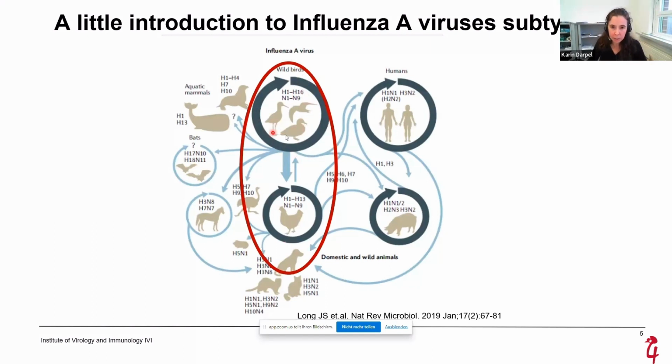Firstly, all subtypes, all classical H1 to H16 and N1 to N9, are circulating in wild birds. From here, there are frequent spillovers into poultry species, and there can also be a spillback from poultry into wild birds. But as you can also see, from the avian influenza reservoir of wild birds, there are frequent spillovers into mammal hosts as well.